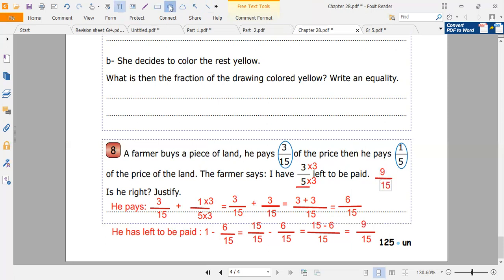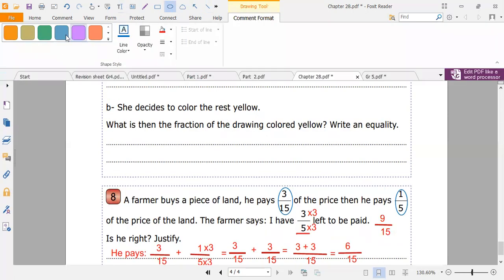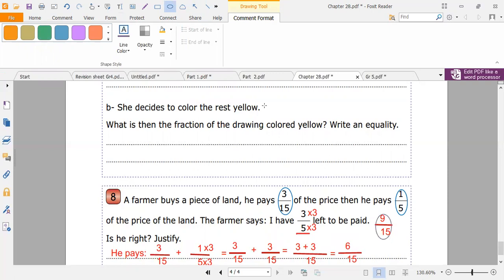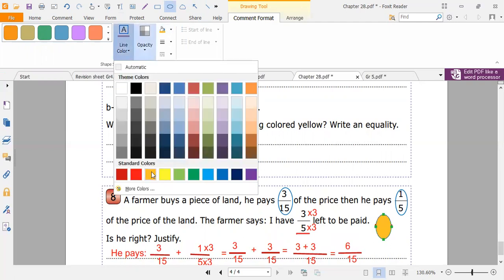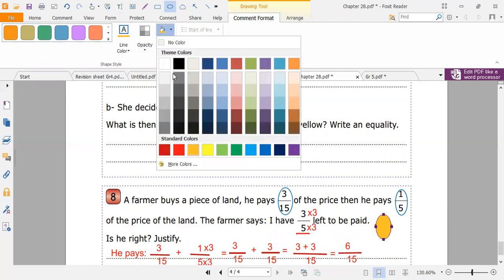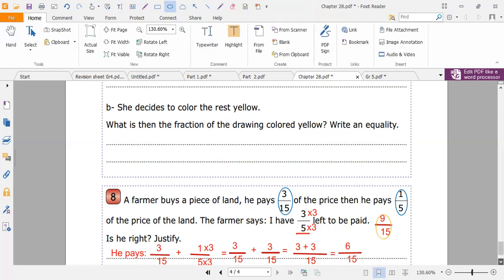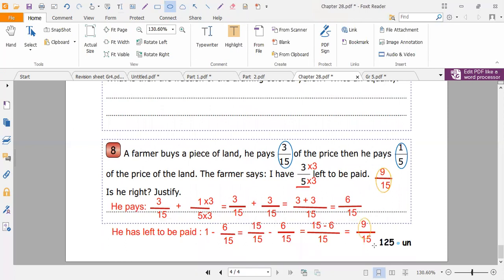Now we have to compare these two fractions. 9/15 and 9/15.